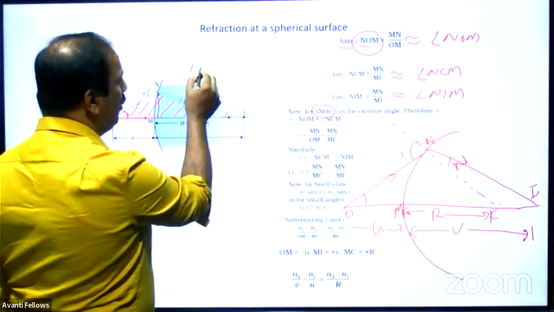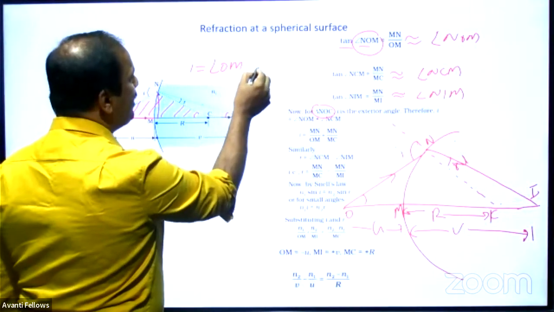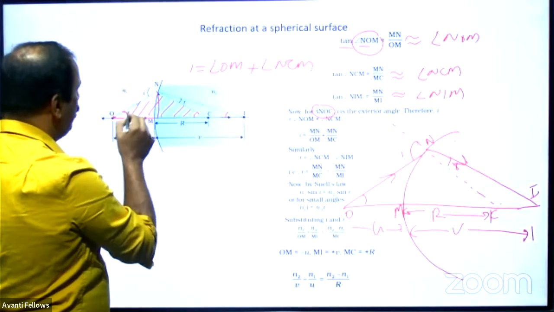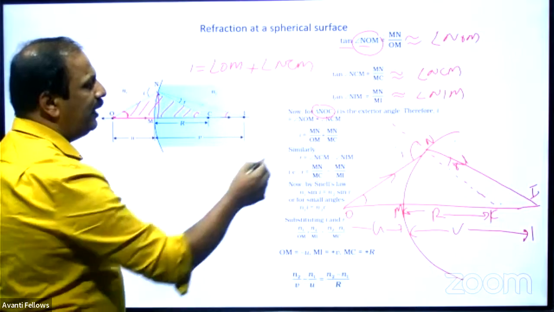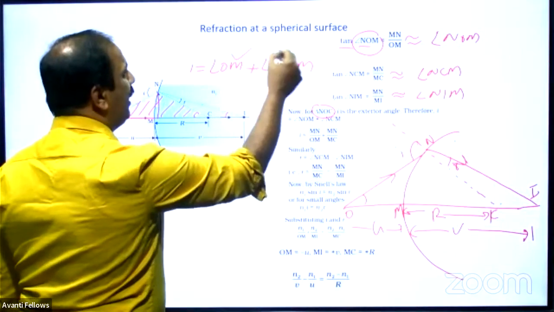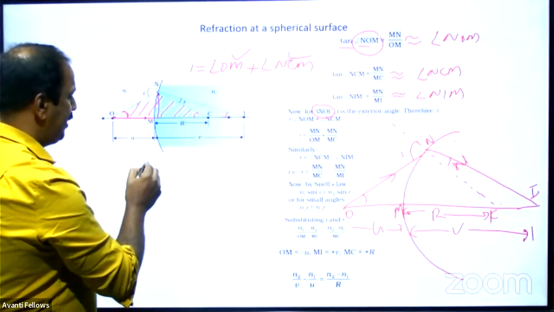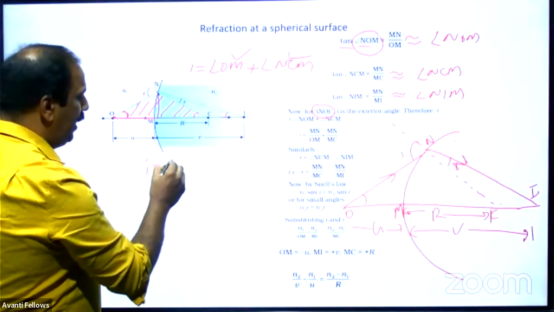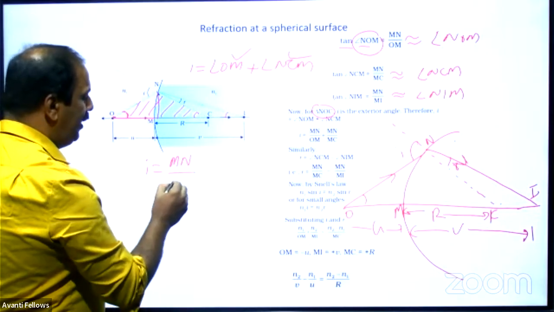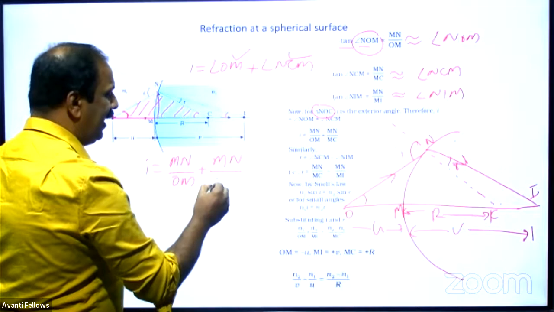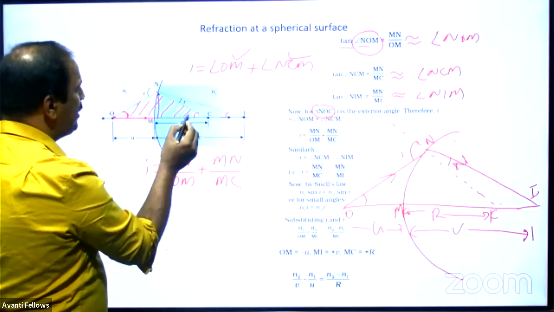I is equal to angle NOM plus angle NCM. That is, this exterior angle should be equal to the sum of these two. These two angles we already took here. So what you will get? Angle I is equal to MN by OM plus MN by MC. That is, this exterior angle will be the sum of these two angles.